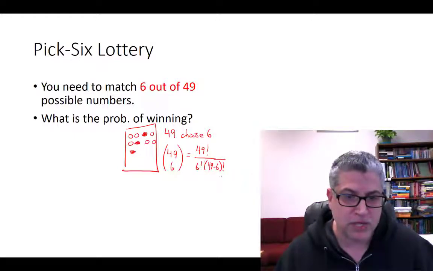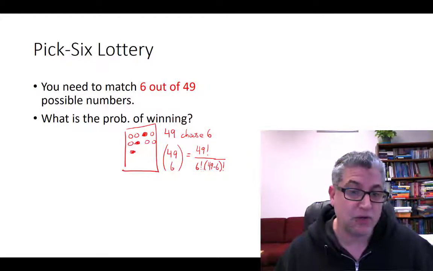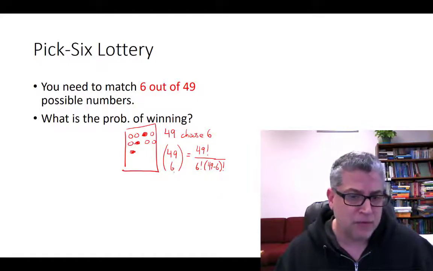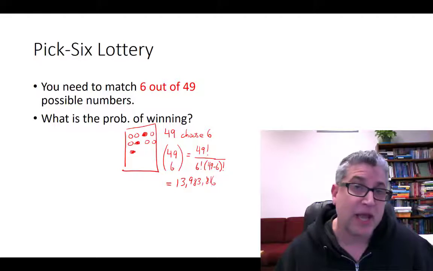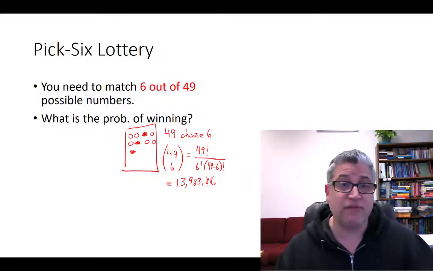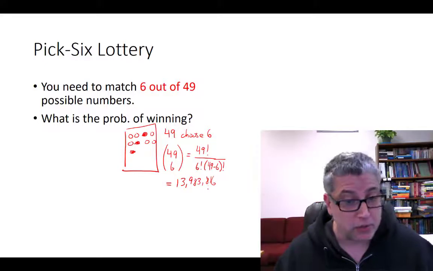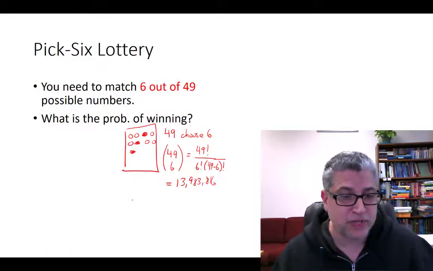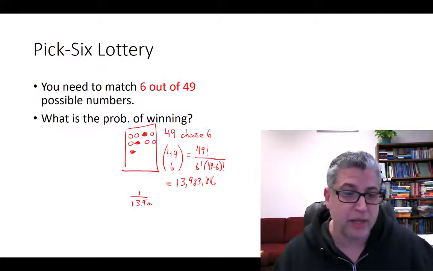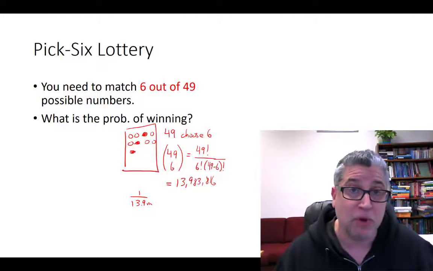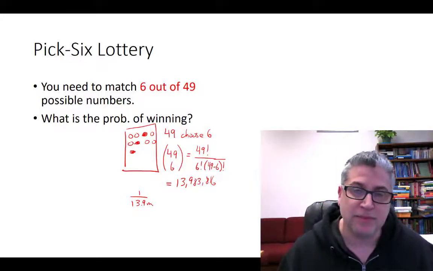In other words, this part here is the permutations part, and then this adjustment eliminates all those redundancies, making this a combinations problem. If you plug this into a calculator, you would get 13,983,816 different ways that you could have filled out that bubble sheet. You filled out one of them, so your chances of winning the Lotto are 1 out of 13.9 million, which is a really small number, kind of close to 0%.